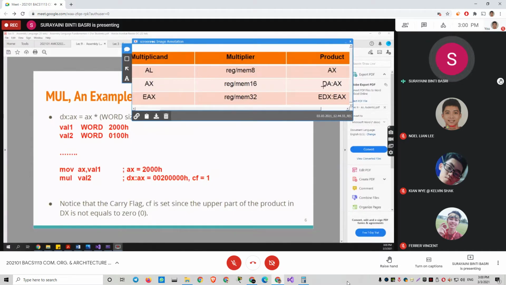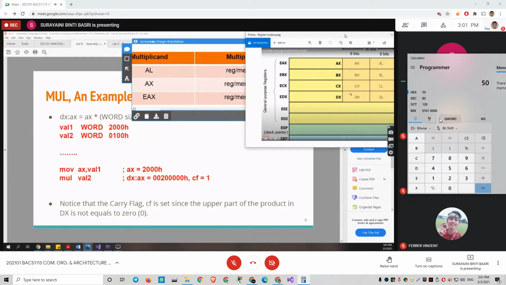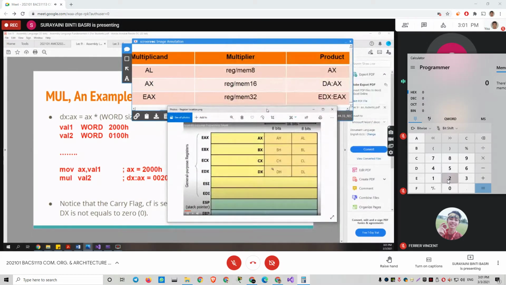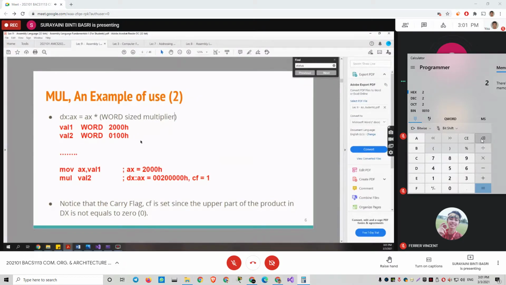So just remember this is DX and this is AX, which means it will be stored in two registers. When you multiply the 16-bit number, it will be stored in two 16-bit registers, which are AX and DX. Okay, so this is another way.